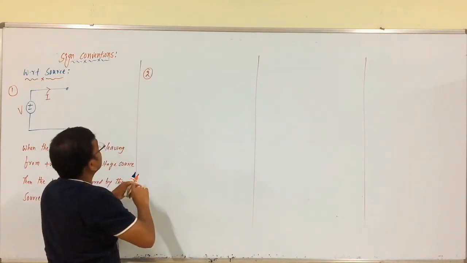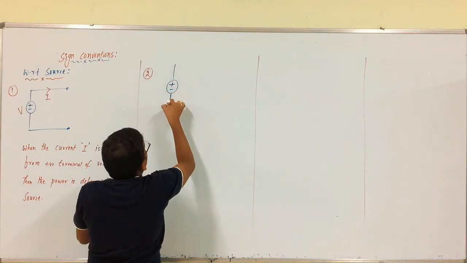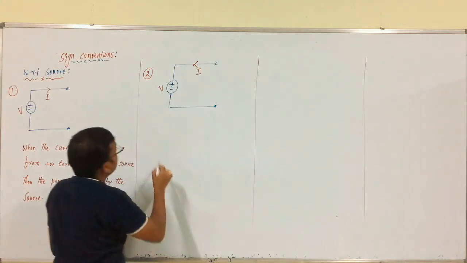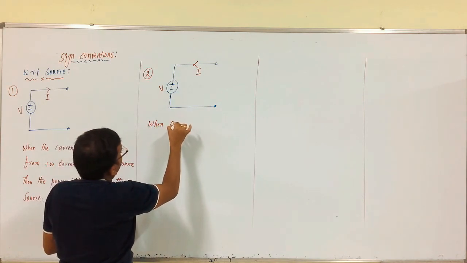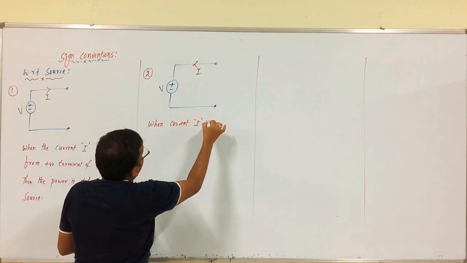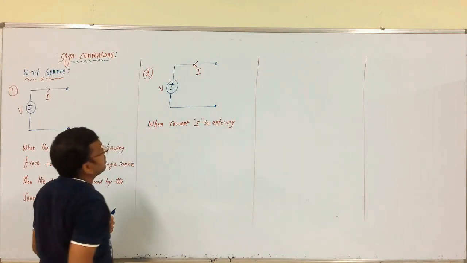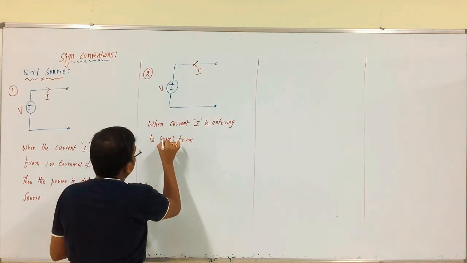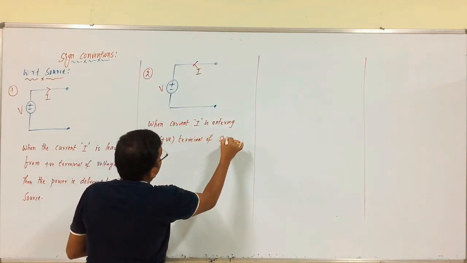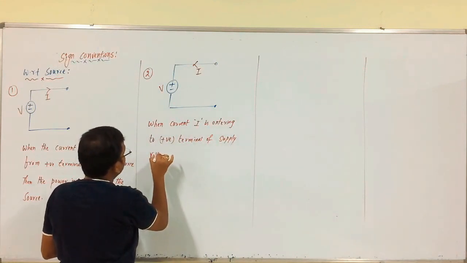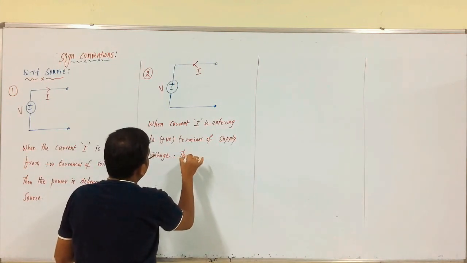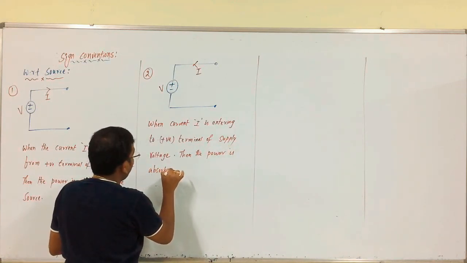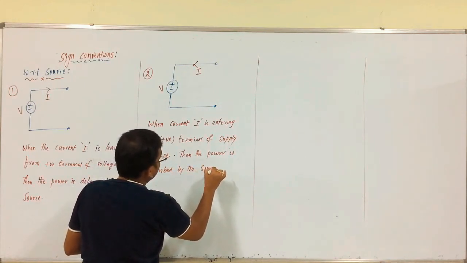Second observation: when the current I is entering the positive terminal of the supply voltage, then the power is absorbed by the source.